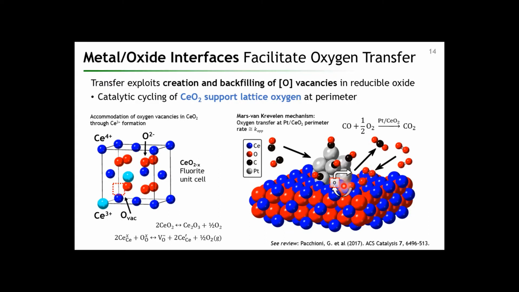We don't know if that takes place at the interface after CO abstracts oxygen and forms CO2, or if it takes place on the nearby support surface. We don't know what this process does to the nanoparticle. If there's this constant breaking of bonds and reforming of bonds, what does that do to the structure? So these are types of things that we want to investigate.